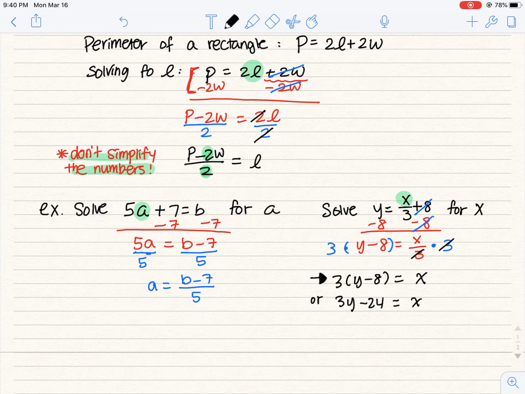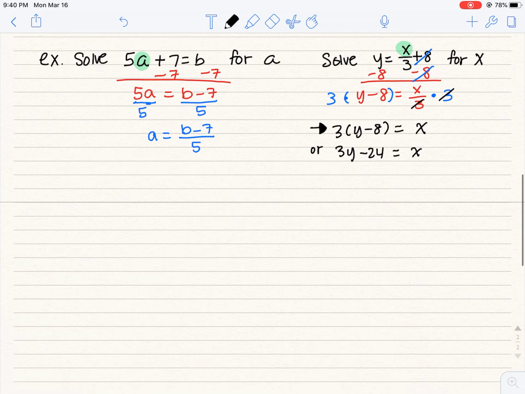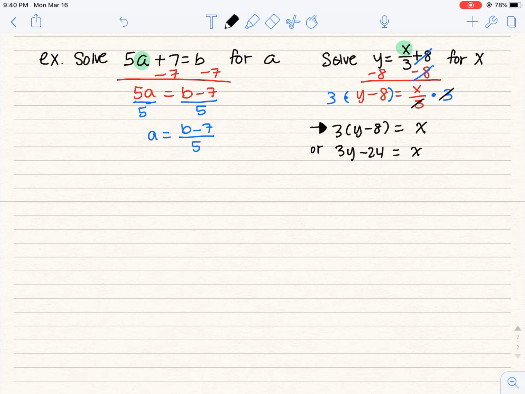Okay. So now that you have learned how to work with the formulas, you can solve problems using formulas.